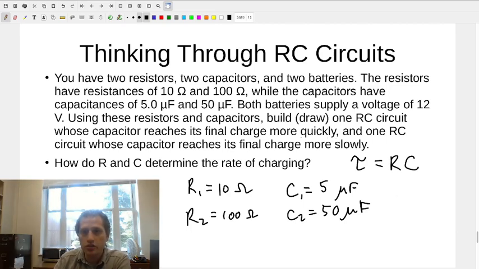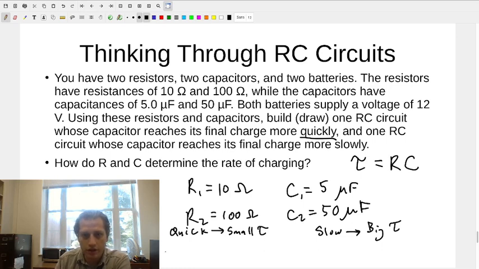If you wanted it to charge more quickly, you'd want a small RC. A quick charge would be a small time constant. If you wanted a slow charge, you would want a big time constant.